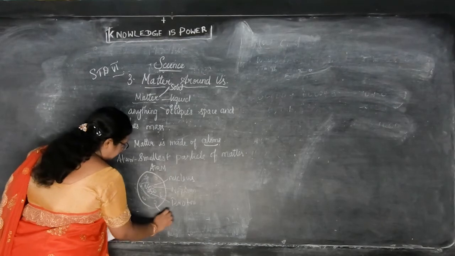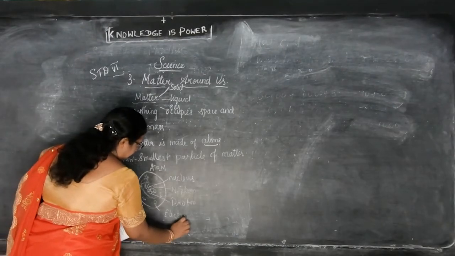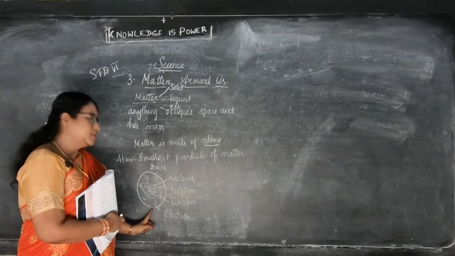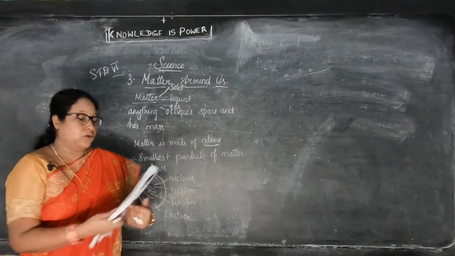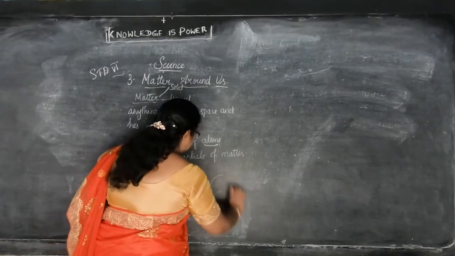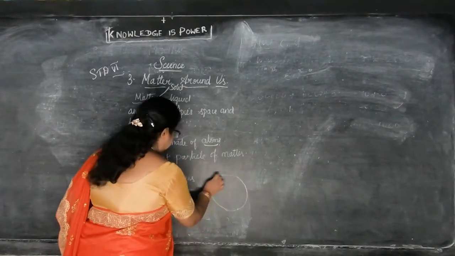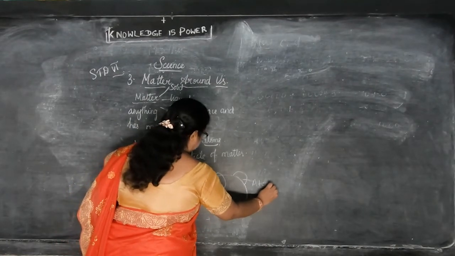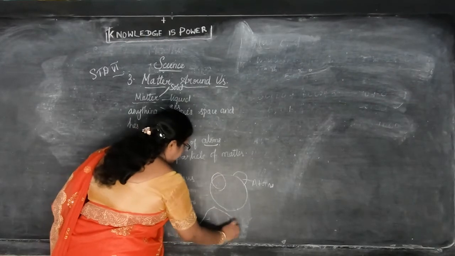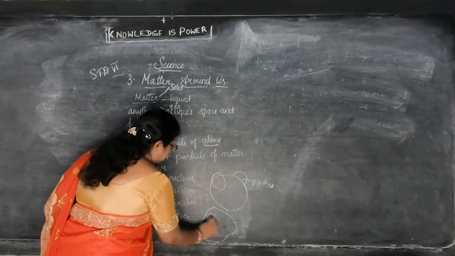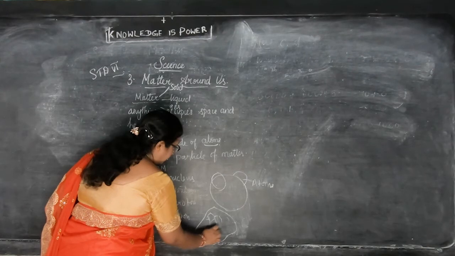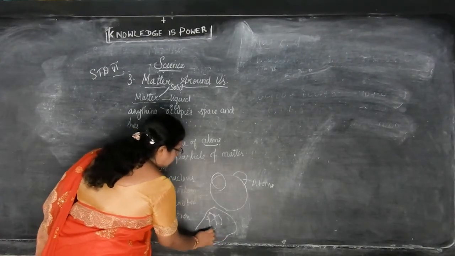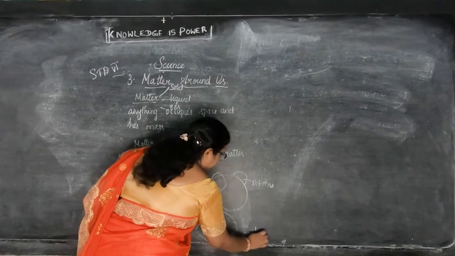So in the atom you can find the nucleus, neutrons, protons and electrons. Now we will see the molecules separately. These are the atoms, and in any matter you will see these molecules.